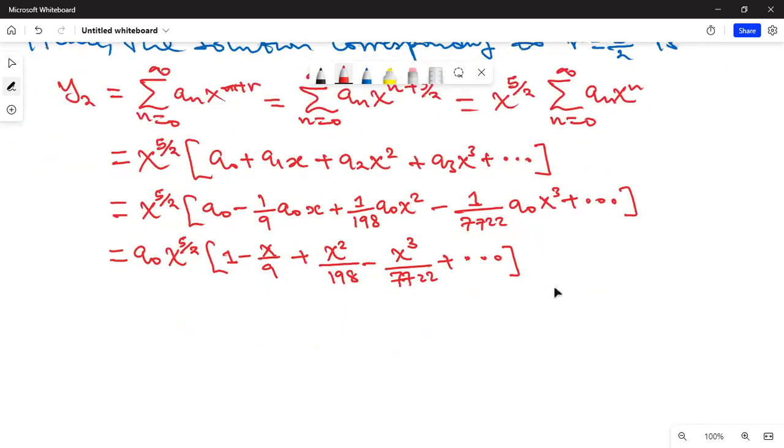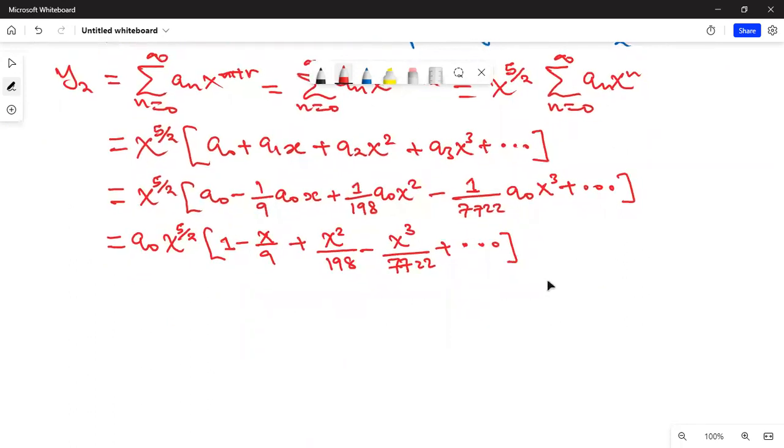And again, you substitute a naught is equals to 1. We said a naught is a constant different from 0.